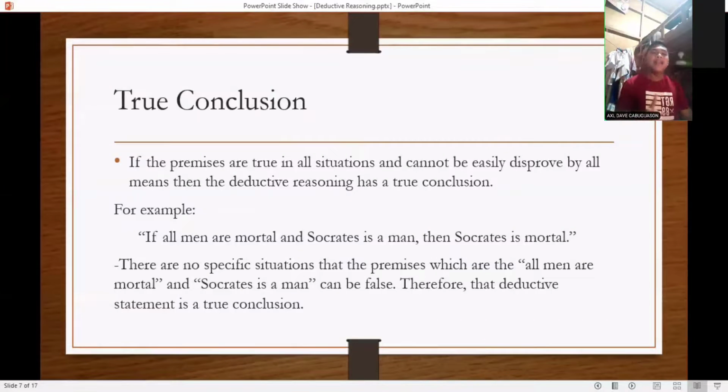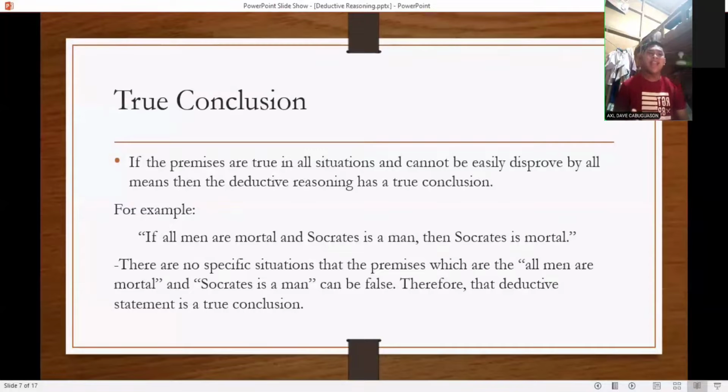Why is that? Because of the major premise, which is that all men are mortal, we can easily prove that all men are mortal. Kailan tayo nakakita ng mga men na immortal in this world?